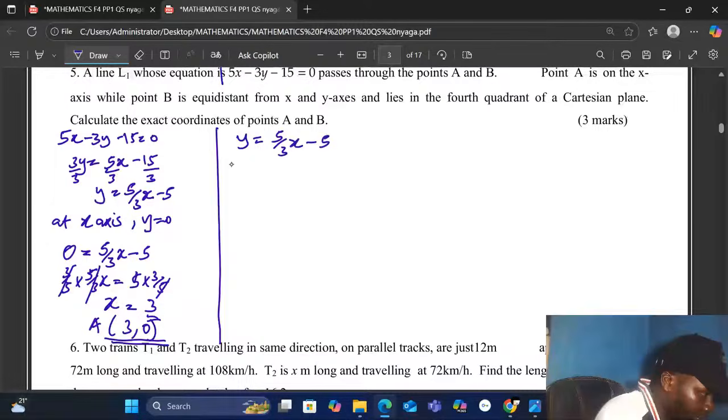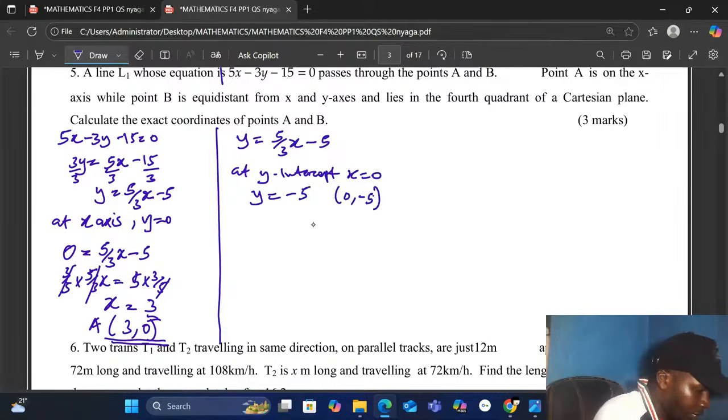So at the y axis, x is equal to 0. So where we have x, we replace with 0. Therefore, y will be equal to negative 5. So we have (0, -5).